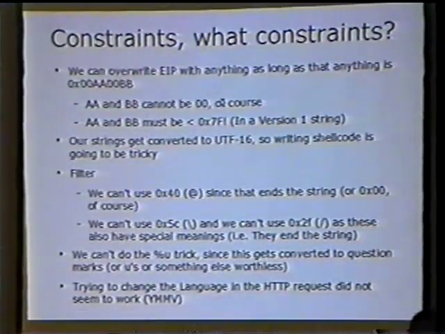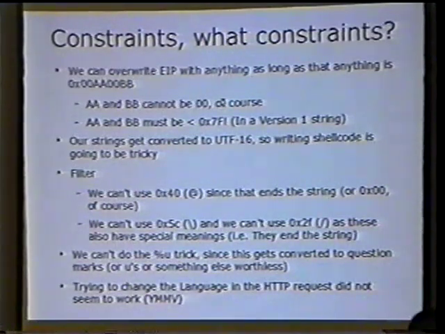So the constraints that you view with Unicode are very often this sort of thing. You're going to get the choice to overwrite EIP with a certain set of numbers, and this is going to correspond to a certain set of memory addresses that you can jump to. I described it as a Ford-like function: you can have any kind of car as long as it's black.